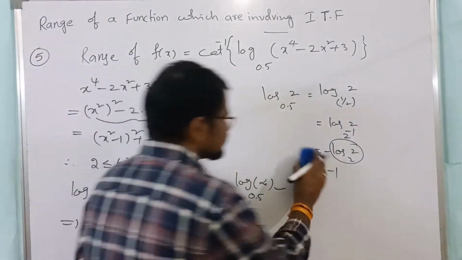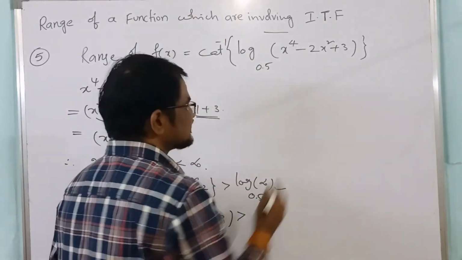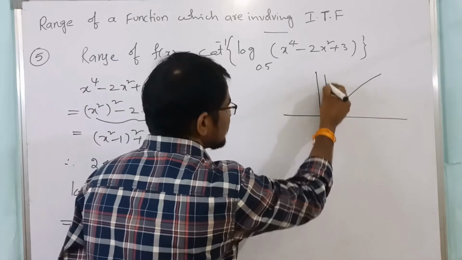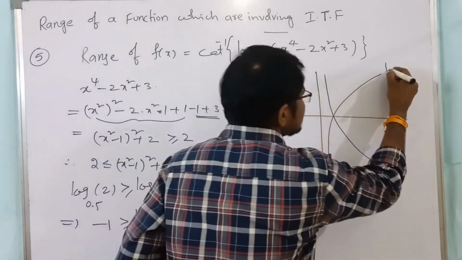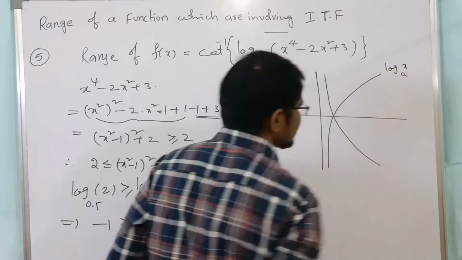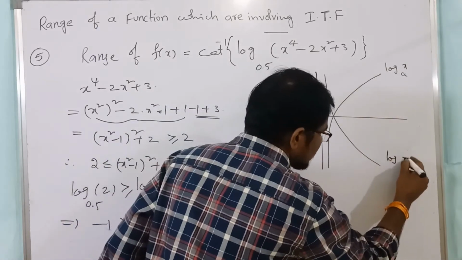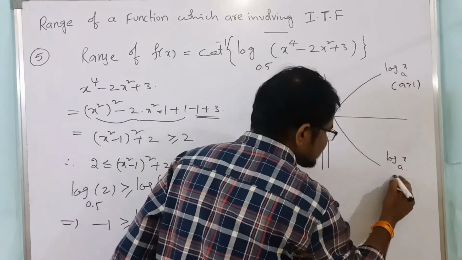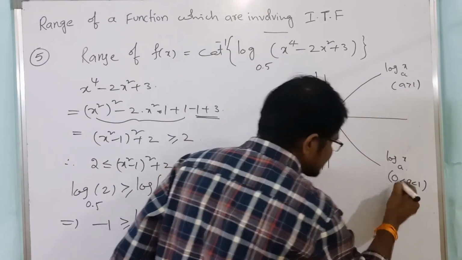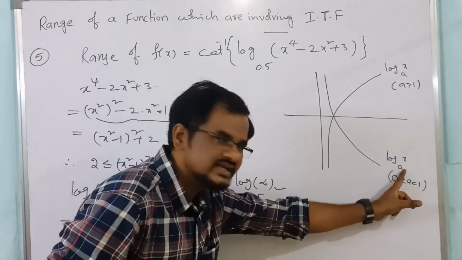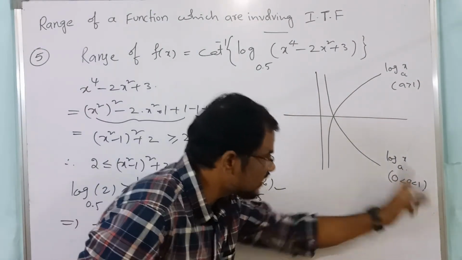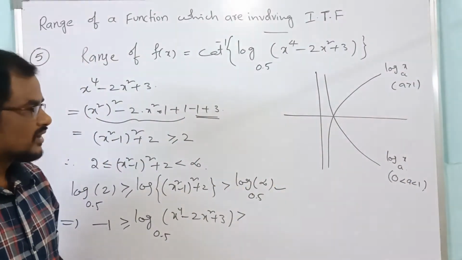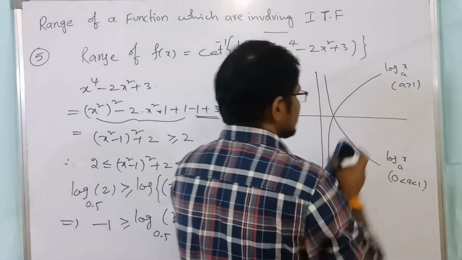See here also, we know the graph of log x to the base a. This is the curve when a is greater than 1, and this is when 0 is less than a is less than 1. Here 0.5 is between 0 and 1, so our graph is this one.